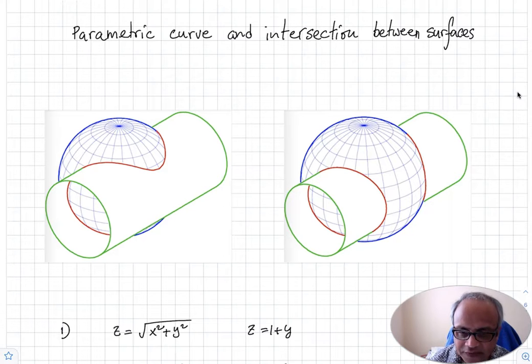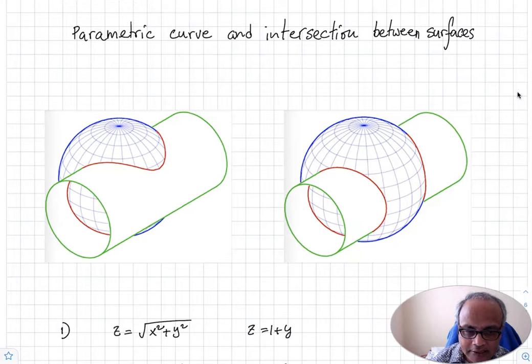Here we have a different surface, z equals the square root of x squared plus y squared, which is the upper half of a cone, like an ice cream cone. The other surface, z equals 1 plus y, is a plane.